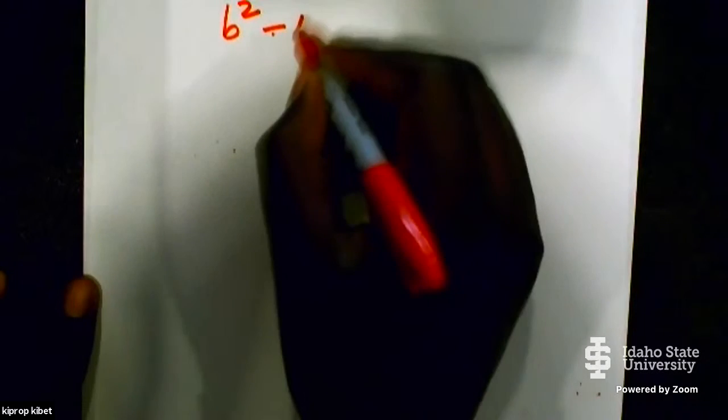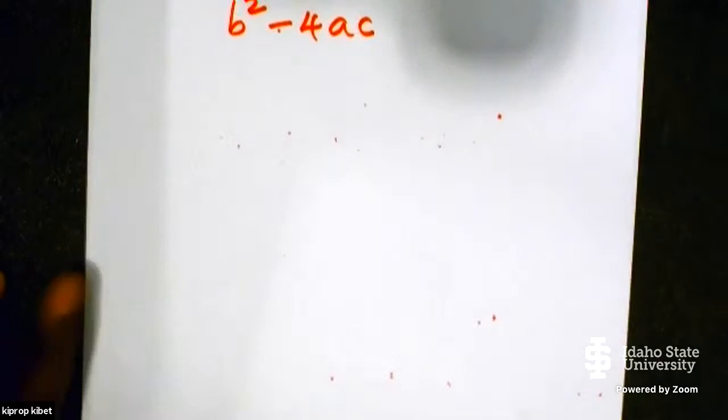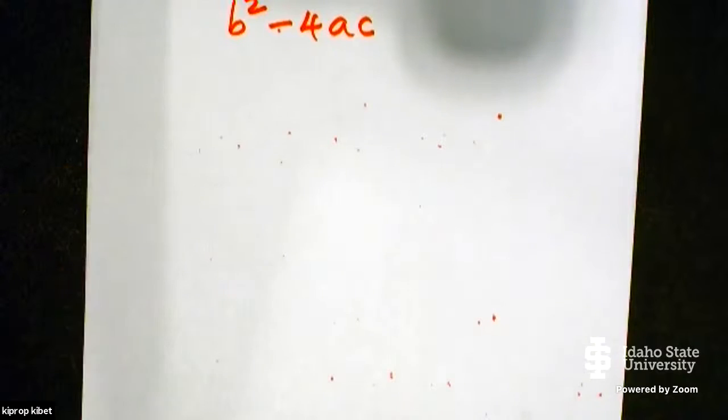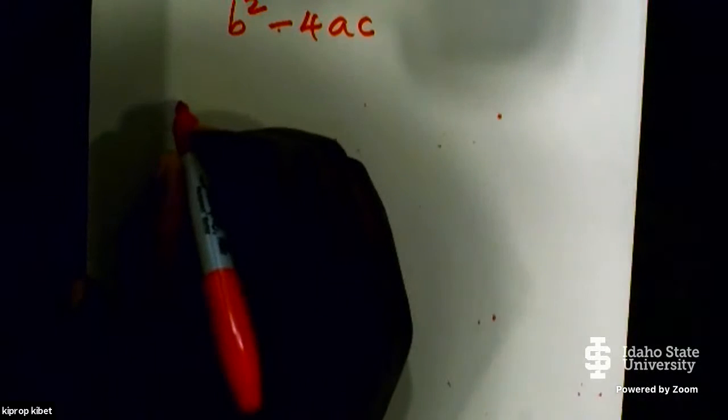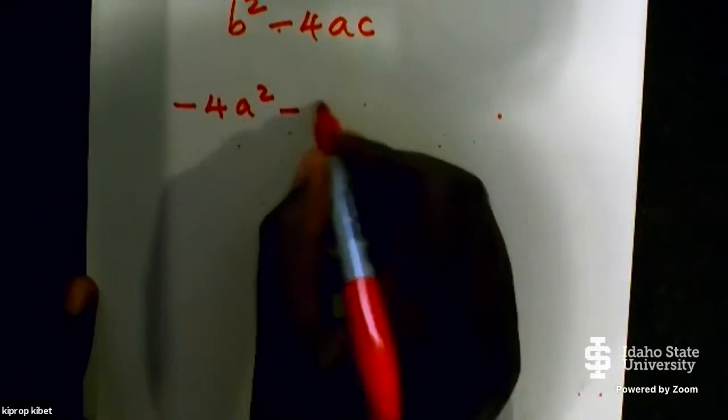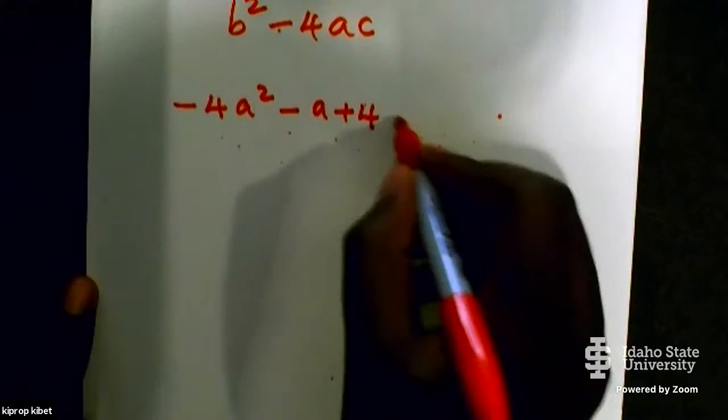Example number 1: use the discriminant b squared minus 4ac to determine the number of solutions to the quadratic equation minus 4x squared minus x plus 4 equals 0.